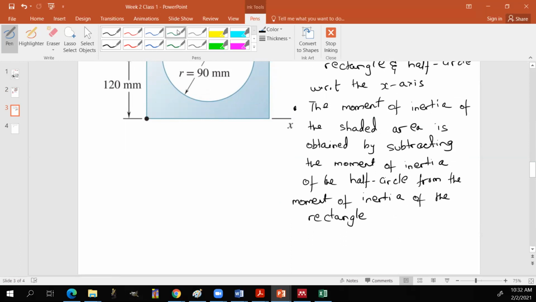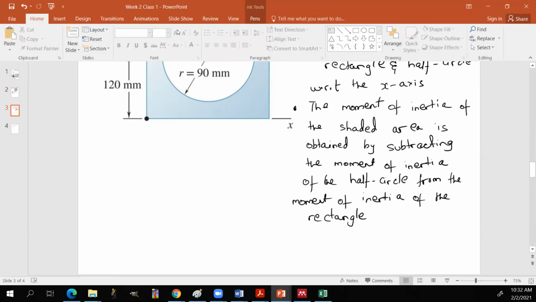Right. Also, to find out the moment of inertia of the half circle, you'll have to use the parallel axis theorem and like that, right?